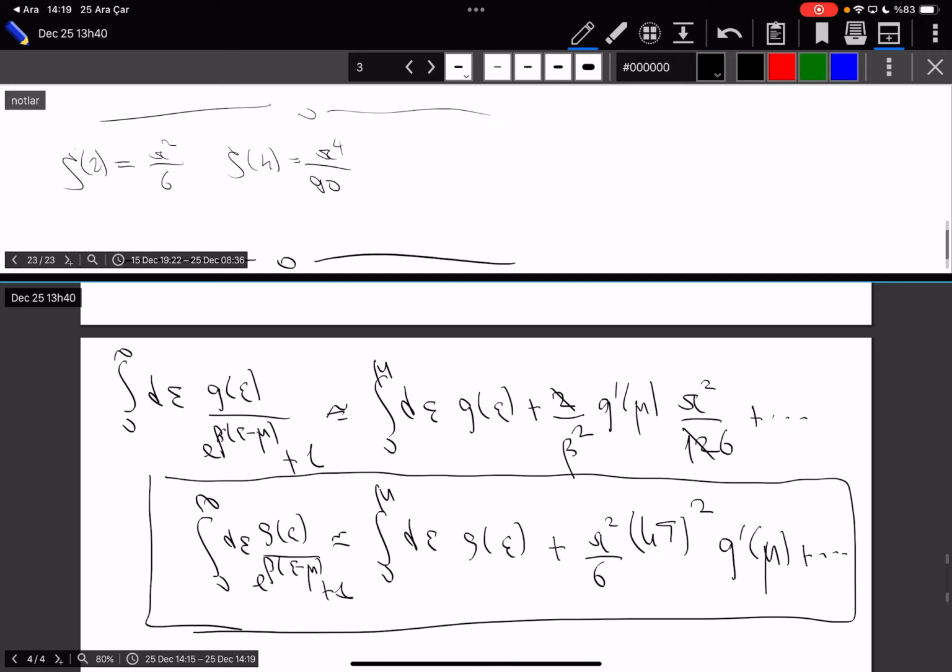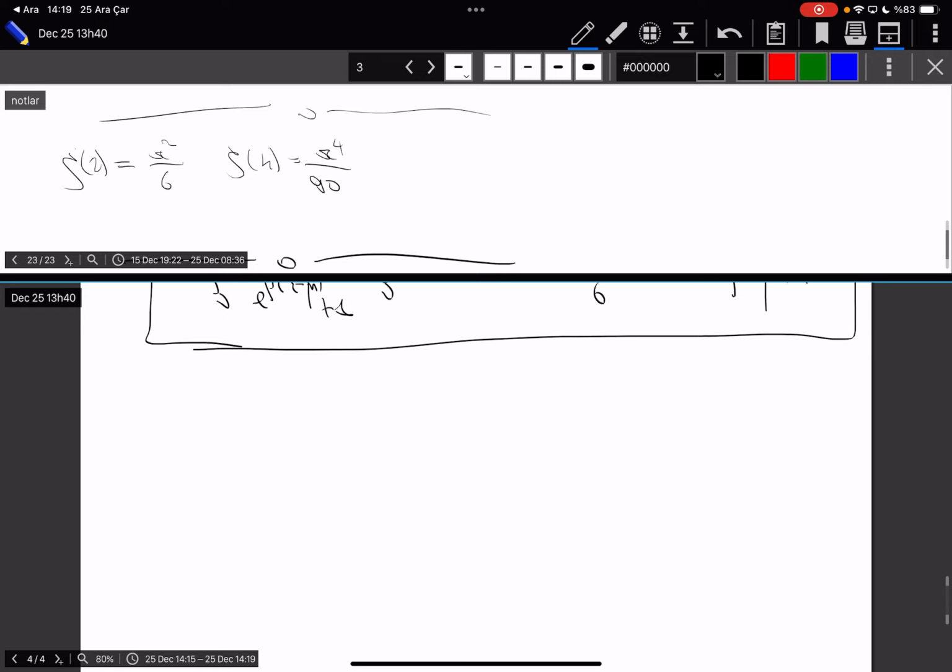We are basically replacing the Fermi-Dirac distribution by a step function plus corrections. The first integral is what we would get from the step function. The correction will be small because at low temperatures, we already had seen that the Fermi-Dirac distribution, if this is the Fermi level, will look like something like this.